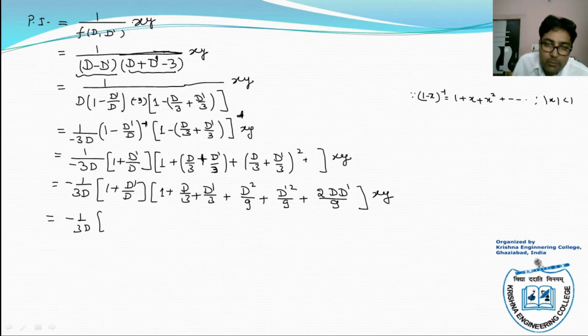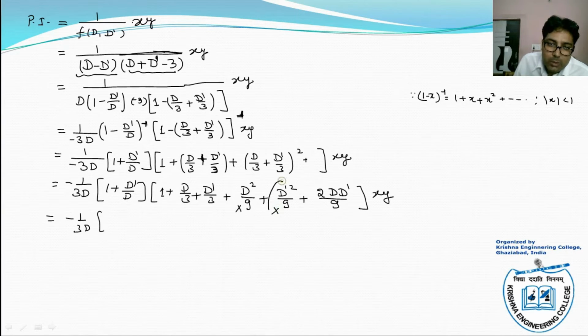So the derivative corresponding to x having the degree 2 has no meaning for this, and the power of y is 1. So the derivative corresponding to y has no meaning. Clear?